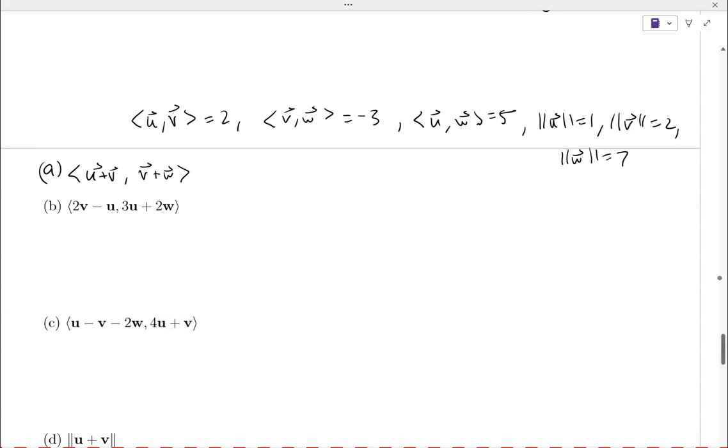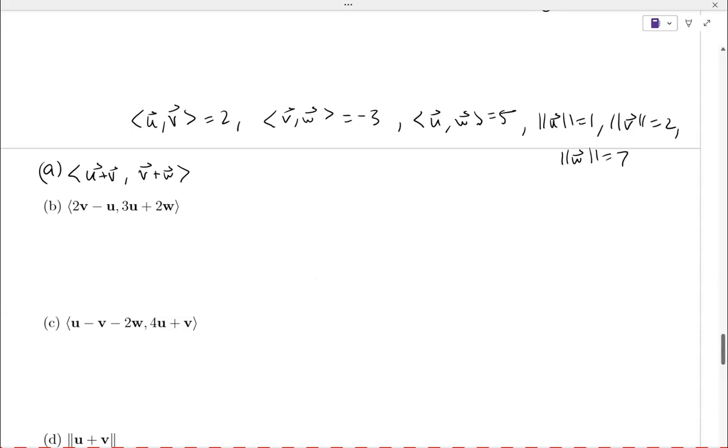So I can write this as u dotted with v plus u dotted with w plus v dotted with v plus v dotted with w, right? That would be what foiling would look like. FOIL works with inner product with respect to sums. Okay? So this is how you would do it with dots.